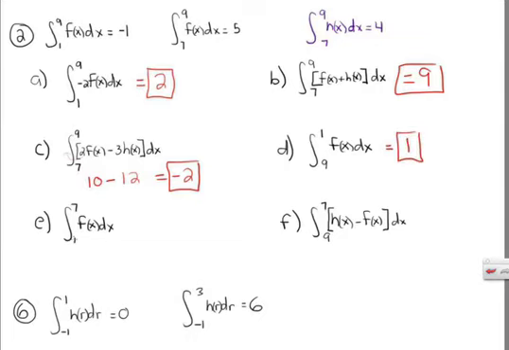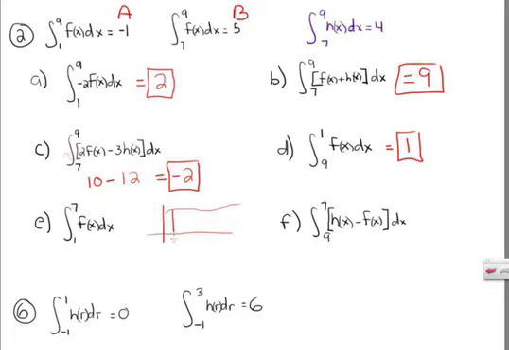Okay, so now we've got the question of 1 to 7 of f of x. And again, this is one of those additivity rules, which for me, it's going to be easier if we do it algebraically. And so, without giving a lot of thought, I'm going to call the answer to 1 to 9 A, and 7 to 9 let's call B. And now let's draw a picture that kind of represents what we're talking about. And again, I'm not worrying about positives and negatives, I'm just figuring out the math here.